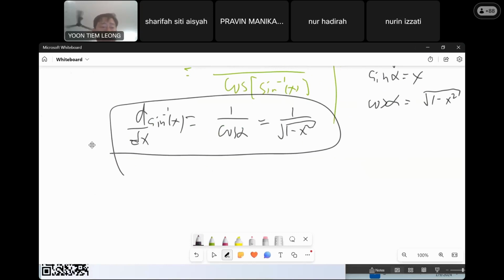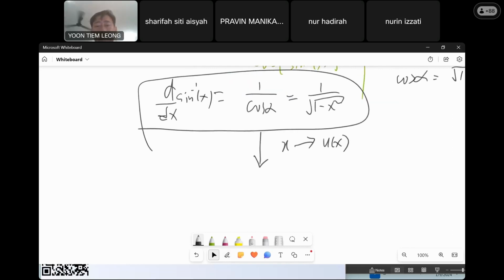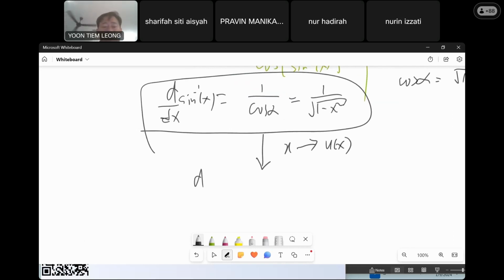Then we try to generalize this derivative to the case where x is promoted to a function of x. Here, d/dx of arcsine of the function u is to be calculated. And what is this?